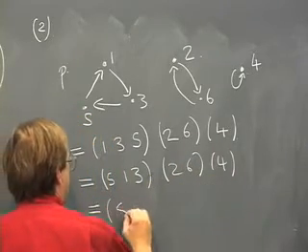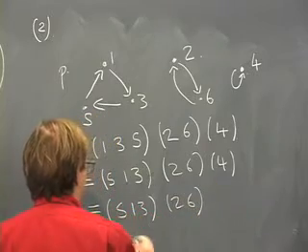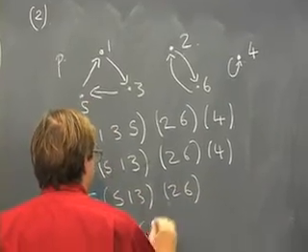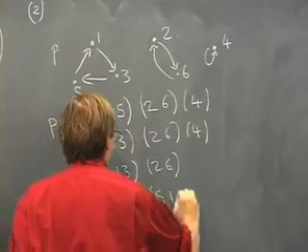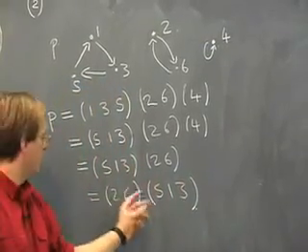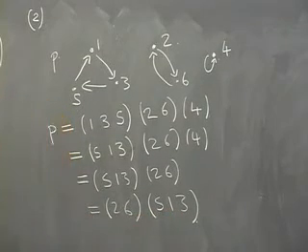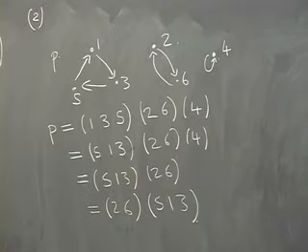Doesn't really make any difference. And it doesn't matter what order I write the cycles in. They don't involve any common numbers, so this only moves 5, 1, and 3, and this only moves 2 and 6. So there's a certain amount of ambiguity. But that's the limit of the ambiguity.